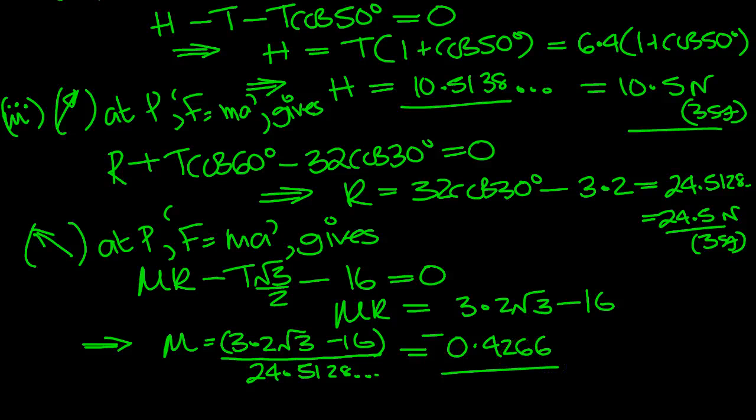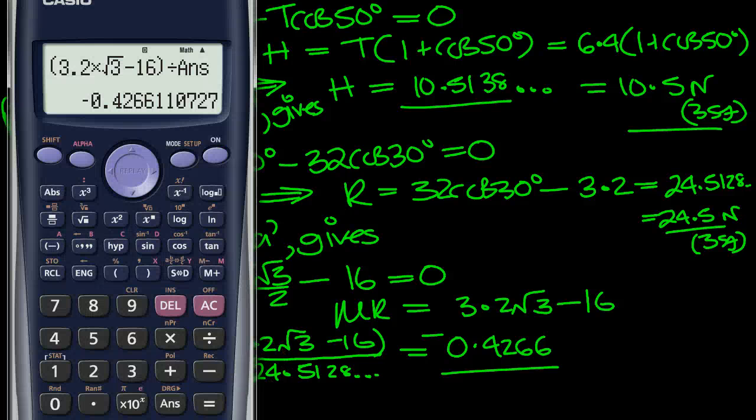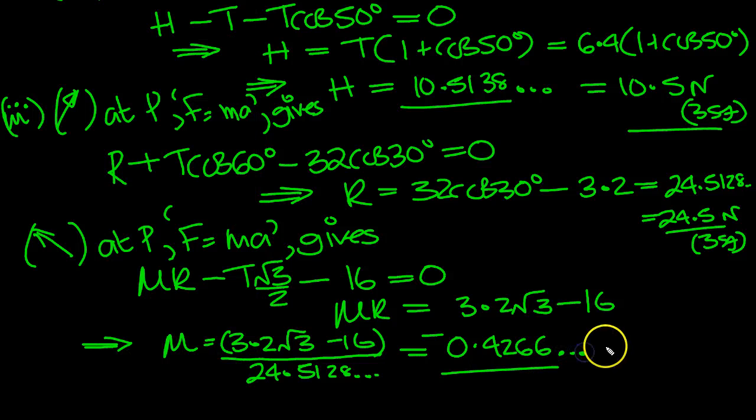So let's have a look here. Let's just check the calculator. 0.4266 dot dot dot, which equals minus 0.427 to three significant figures.